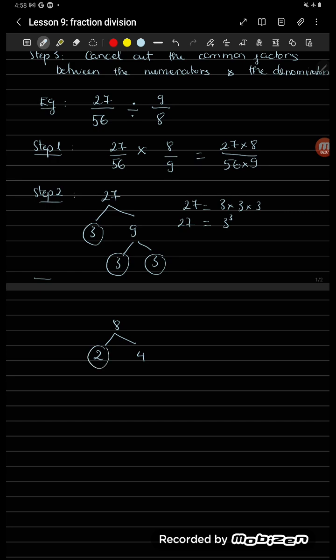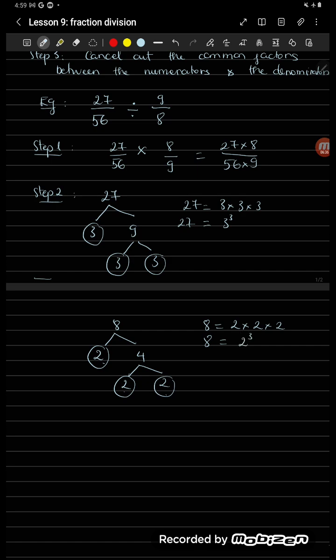Because 4 can divide by 2. And the quotient is 2. Okay, so we have 2, 2 here, also prime numbers. So just circle them, and then we stop, because now all prime numbers are already circled. So 8 can be written as 2 times 2 times 2. Because we have three numbers 2 here, so we can write it as 2 power of 3.